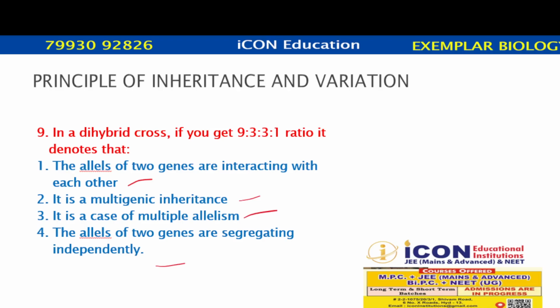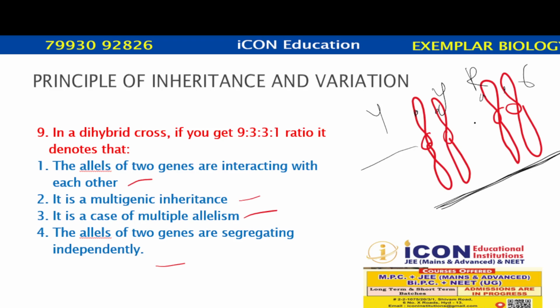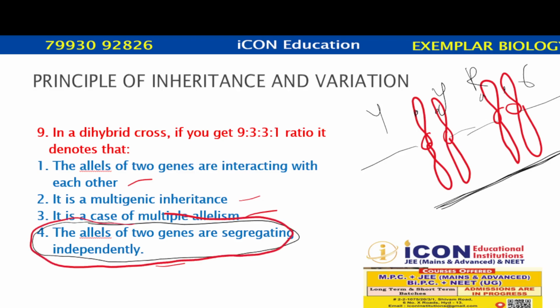In Mendel's dihybrid cross, the two characters taken, seed color and seed shape, are located on two different homologous pairs of chromosomes, like this Y, y, and this R, r. Hence, the alleles of the two genes get segregated independently at the time of meiosis. So what is our answer here? They are independently assorted.